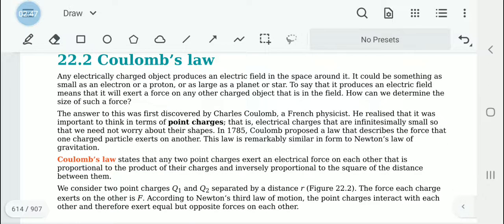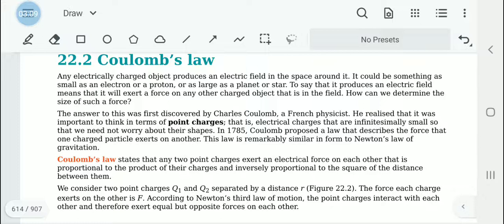how other phenomena can be described with this. We know that any electrically charged object will produce an electric field in the space around it, right? It doesn't have to be on a plane. It is in all the dimensions that it would produce.